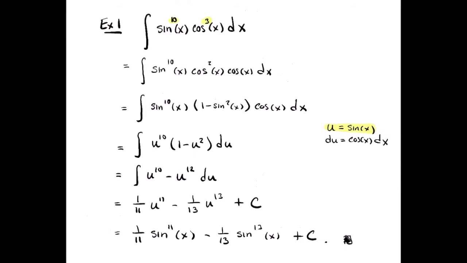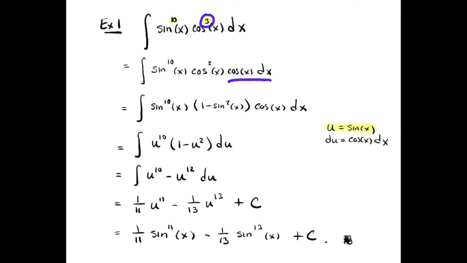Okay, so I'm going to say something about this at the end in terms of strategy, but it'll be a mouthful. So let me say that I will proceed this way in any one of these problems when the exponent on cosine is an odd number. When the exponent on cosine is an odd number, like this 3, then I'm going to split off a cosine.